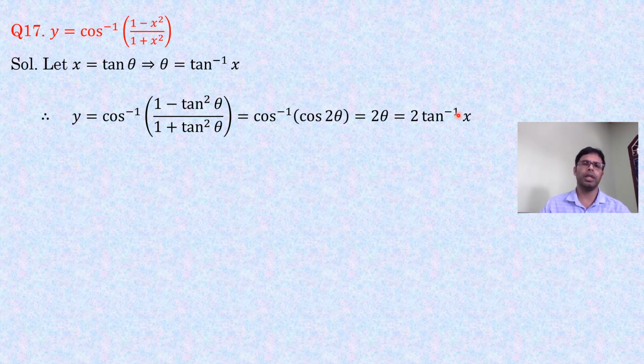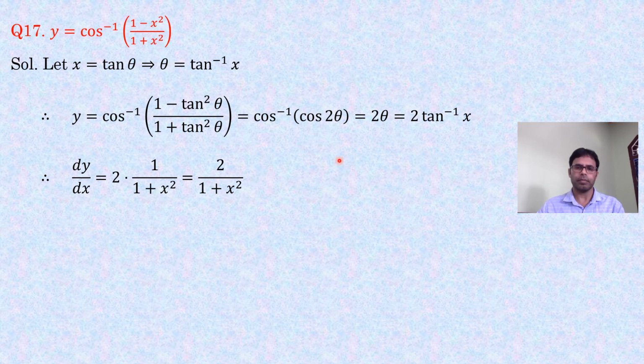But I want to tell you one thing, that we have a trigonometric formula that cos inverse of this can be directly written as 2 tan inverse x. I will give you that formula below, and before that I am writing the differentiation. So dy dx is equal to 2 remaining here, and tan inverse x derivative is 1 by 1 plus x square, and that is the solution for the question.